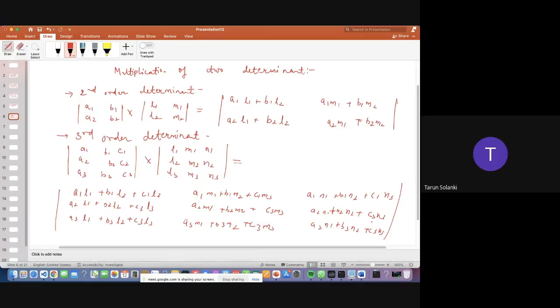So this is the multiplication of two determinants of third order. You copy both the second order as well as the third order. It's going to help you a lot.